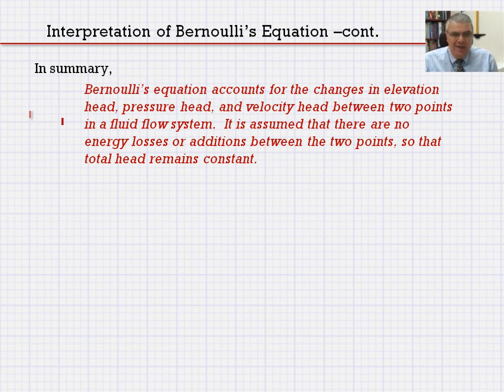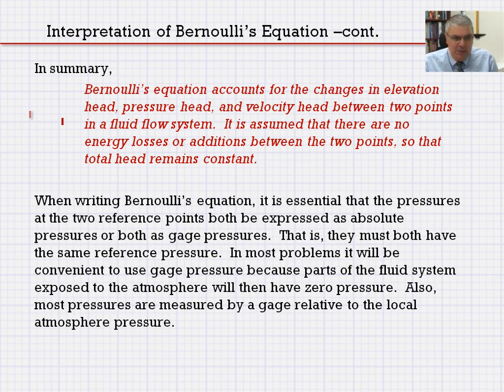It is assumed that there are no energy losses or additions between the 2 points, so that the total head remains constant. These are very important when we apply Bernoulli's equation. If these conditions are not met, we cannot apply Bernoulli's equation. Shortly, I'm going to talk to you about the limitations of Bernoulli's equation.